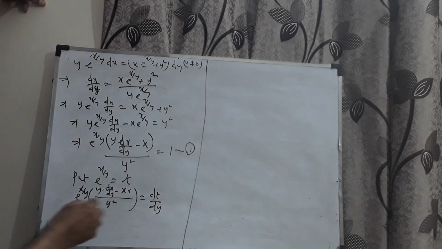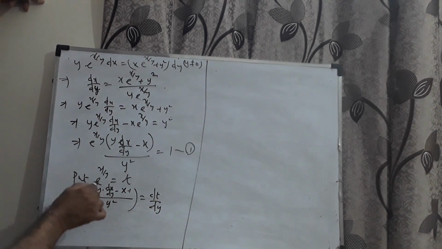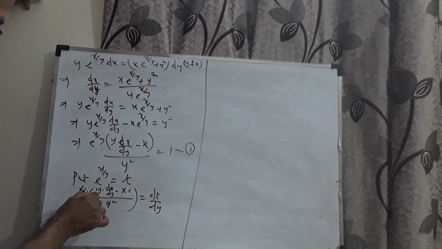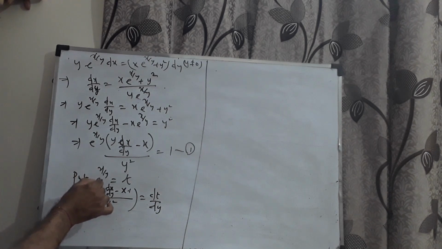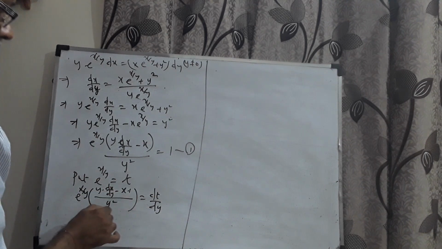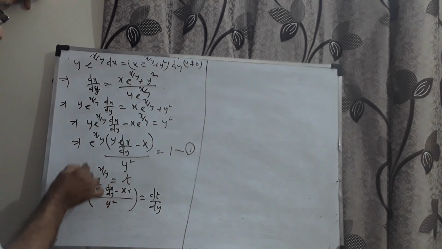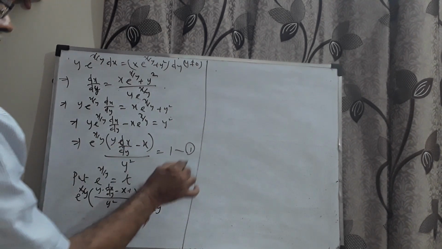I repeat, I am differentiating throughout with respect to y. Right hand side becomes dt/dy. Left hand side, for e^(x/y) it is e^(x/y), and for x/y, denominator y into derivative of numerator with respect to y, dx/dy, minus numerator x into derivative of y with respect to y, which is 1, by y². This is nothing but my LHS of 1.